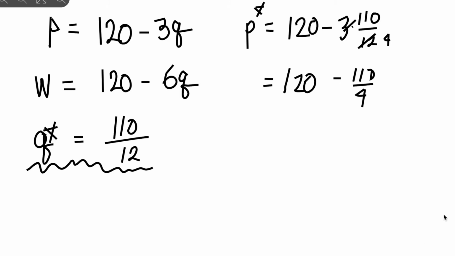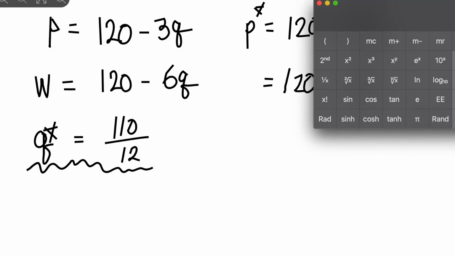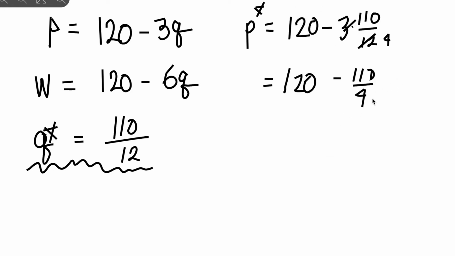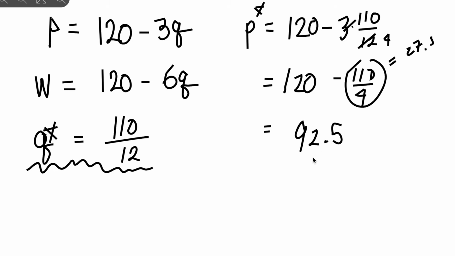And 110 over 4 equals 27.5. So we get P star at $92.5.